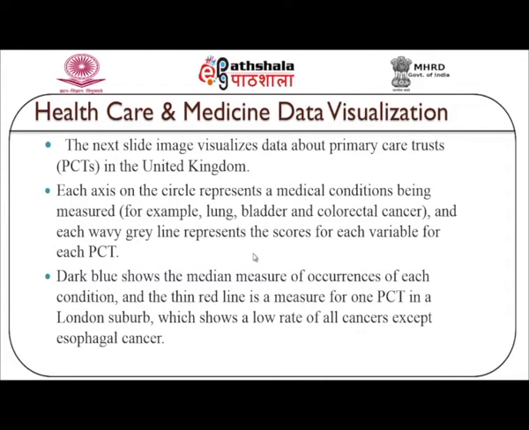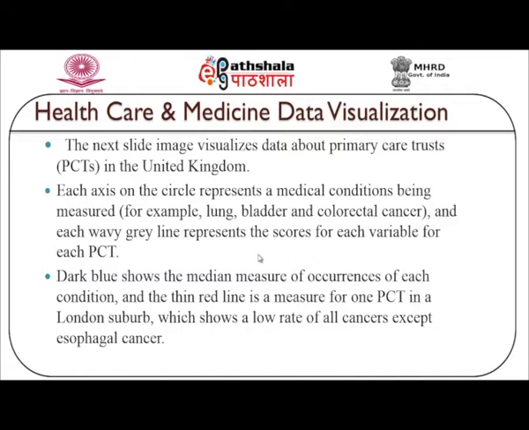In the next slide we can see a visual about the primary care trusts in the UK. Here each axis on the circle represents a medical condition being measured, for example lung, bladder and colorectal cancer, and each wavy grey line represents the scores for each variable for the primary care trust.